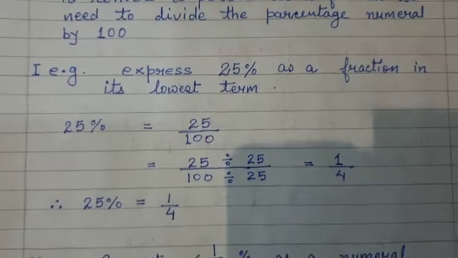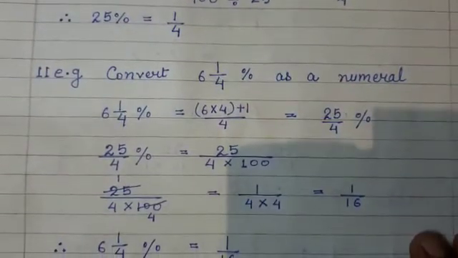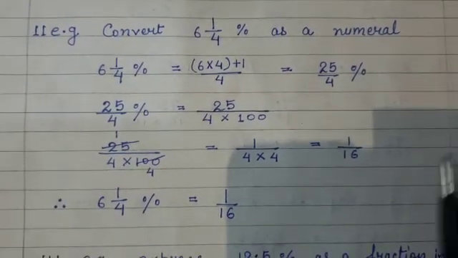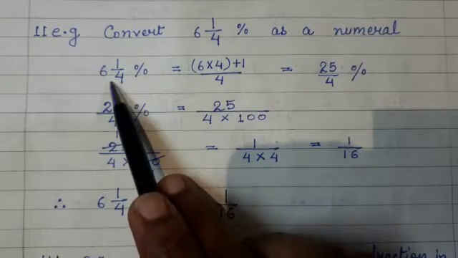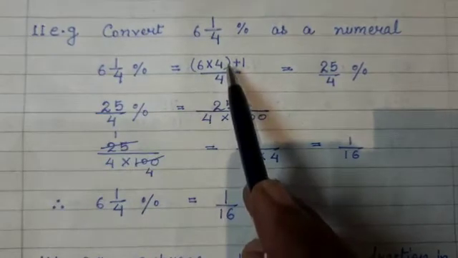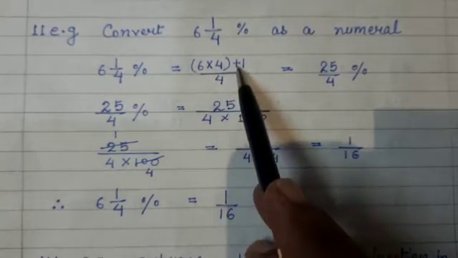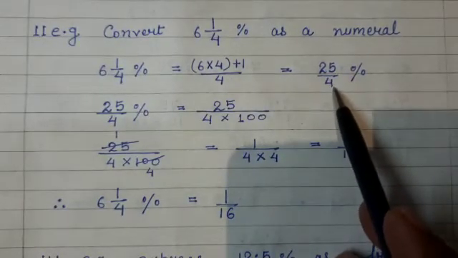See another example. Convert 6 whole 1 upon 4% as a fraction in the lowest term. So, 6 whole 1 upon 4%. First of all, we need to convert this mixed fraction into an improper fraction. It is equal to (6 into 4 plus 1) upon 4, which is 25 upon 4.